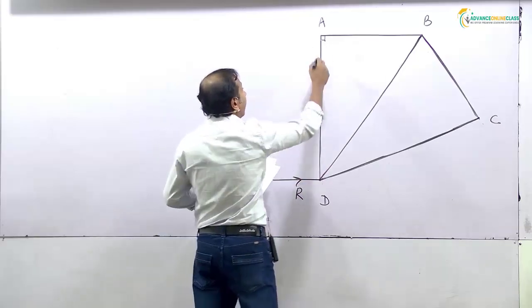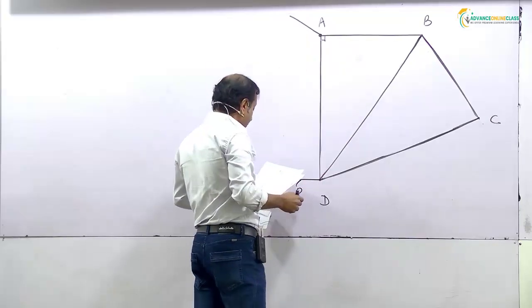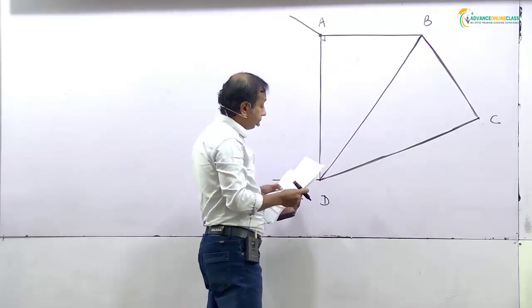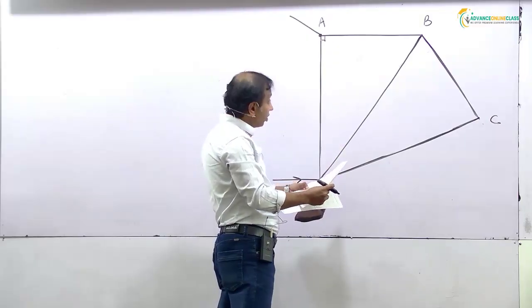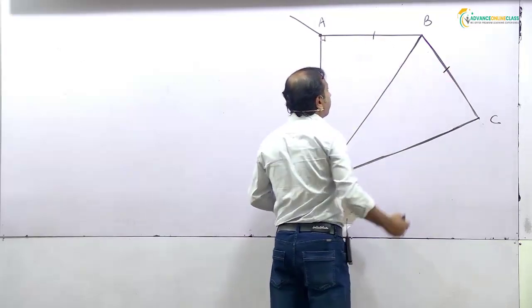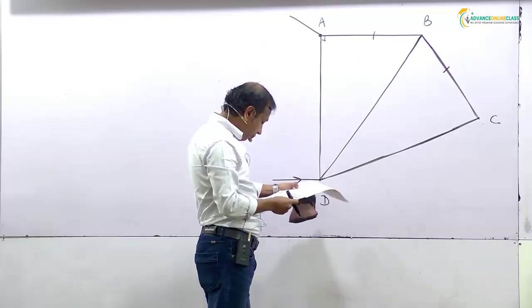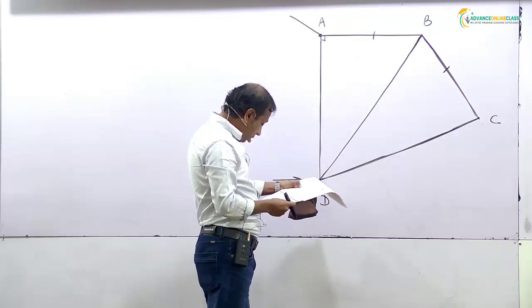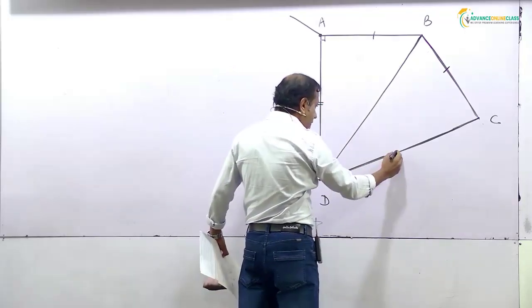To represent the reaction at A, we draw a line like this. We are given AB, BC equal, these two are equal, right? And also AD, BD is equal, AD, BD is equal, right?